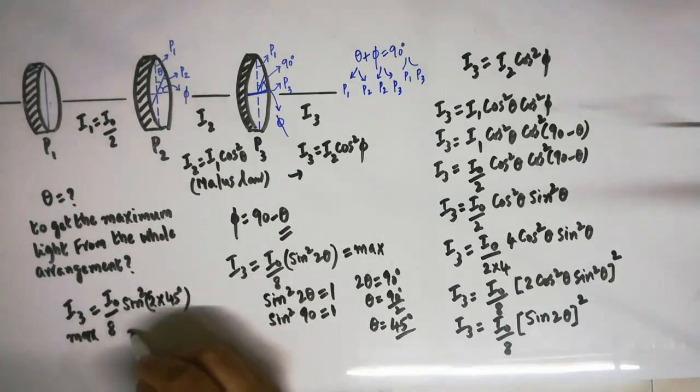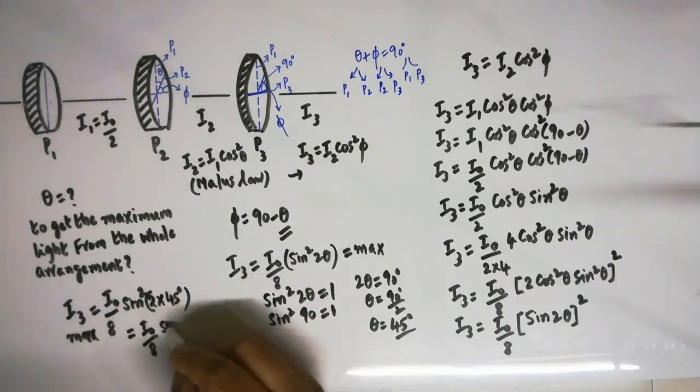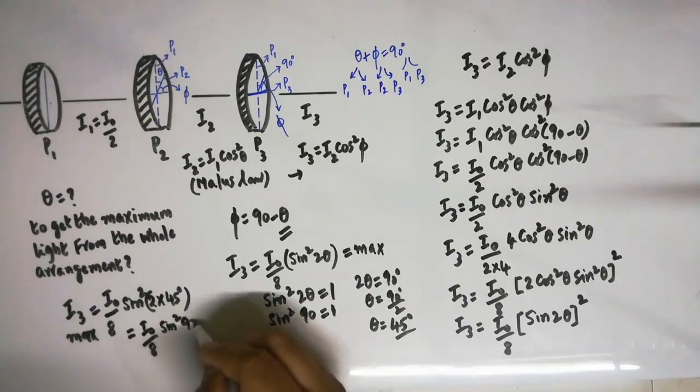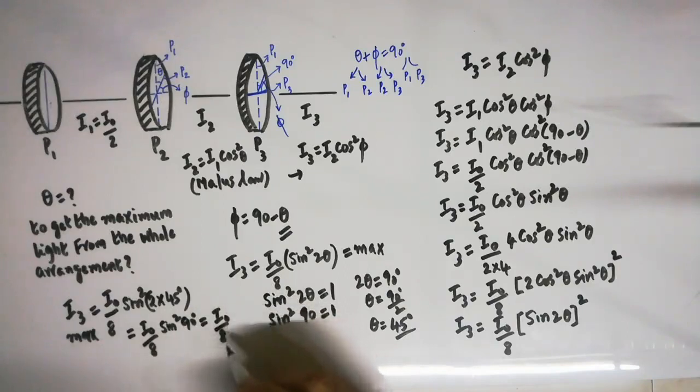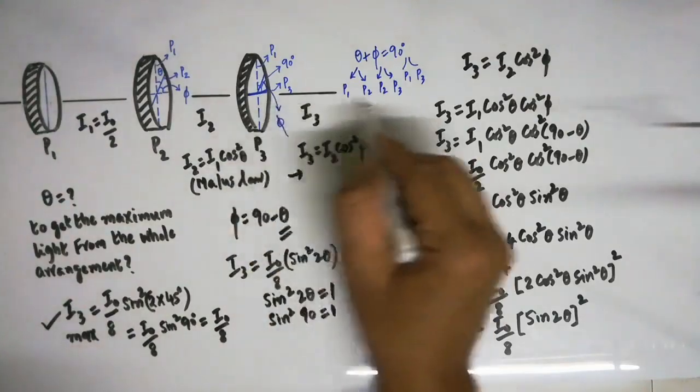The next answer will be I0 divided by 8 sine square 90, so the factor becomes 1. So finally I0 by 8 is the maximum value of intensity that comes out from the system.